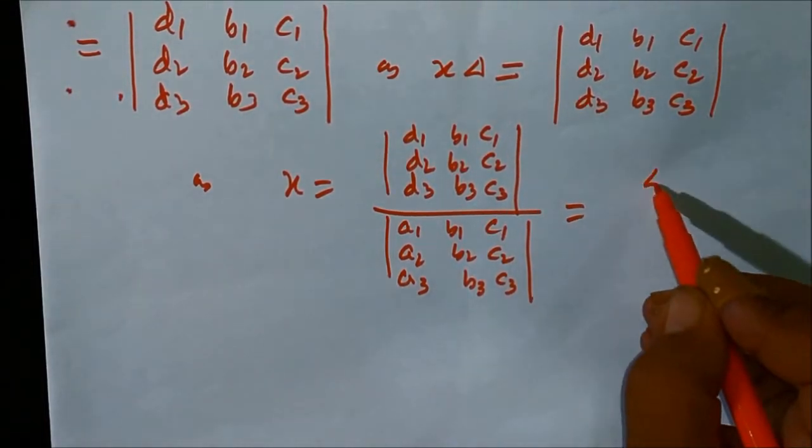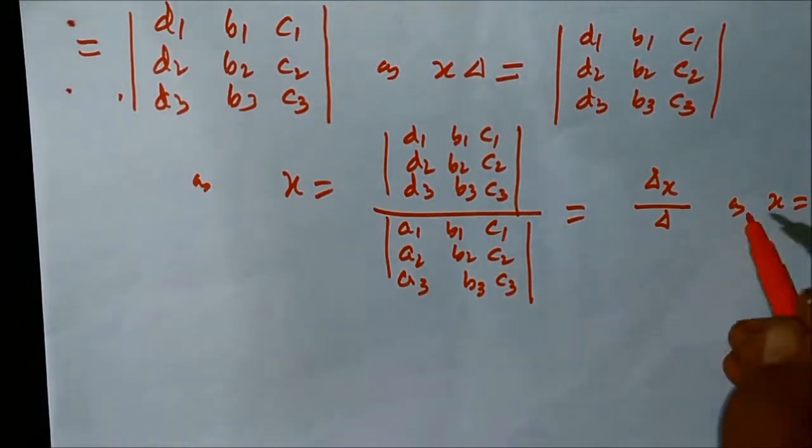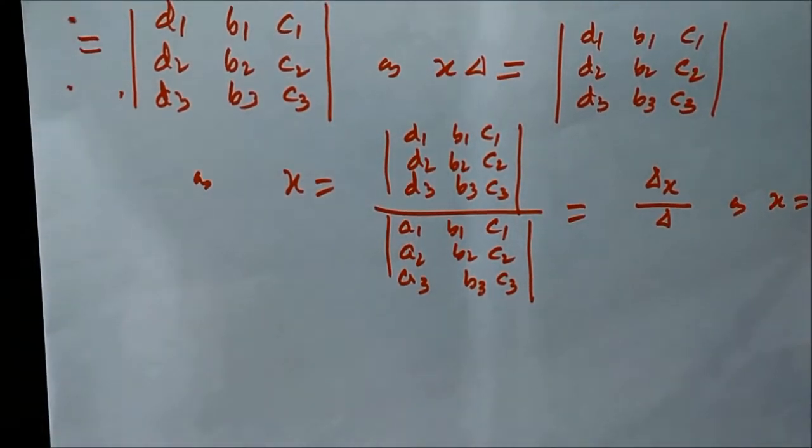In short, we write x equals delta x by delta.